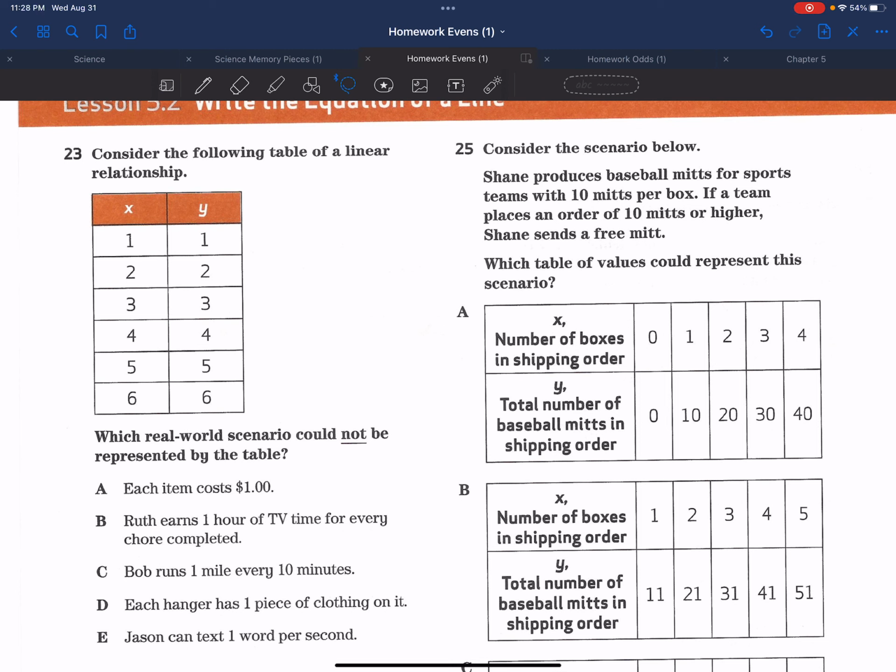Ruth earns 1 hour of TV time for every chore completed. Bob runs 1 mile every 10 minutes. Each hanger has 1 piece of clothing on it. Jason can text 1 word per second.